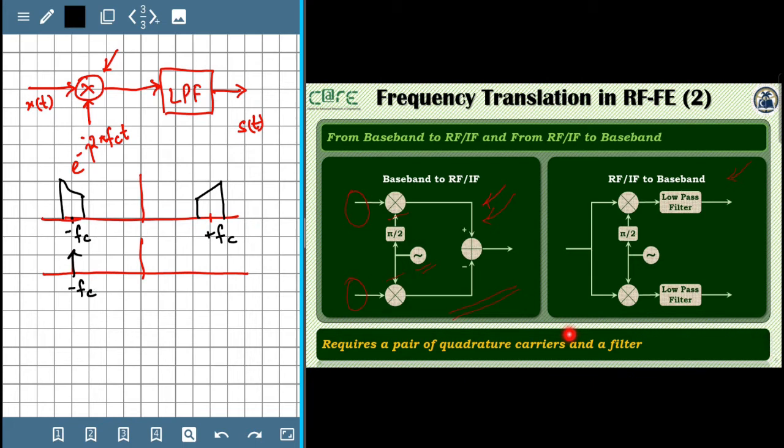Now, recalling that multiplication in the time domain corresponds to convolution in the frequency domain, the resulting spectrum that we get looks as follows.